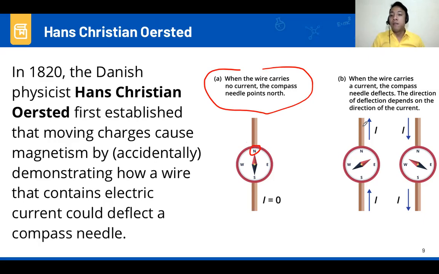The direction of deflection depends on the direction of the current. You will learn this later in the experiment in our PowerPoint. The main purpose is just that we know Hans Christian Ørsted is the first person to discover that moving charges cause magnetism.